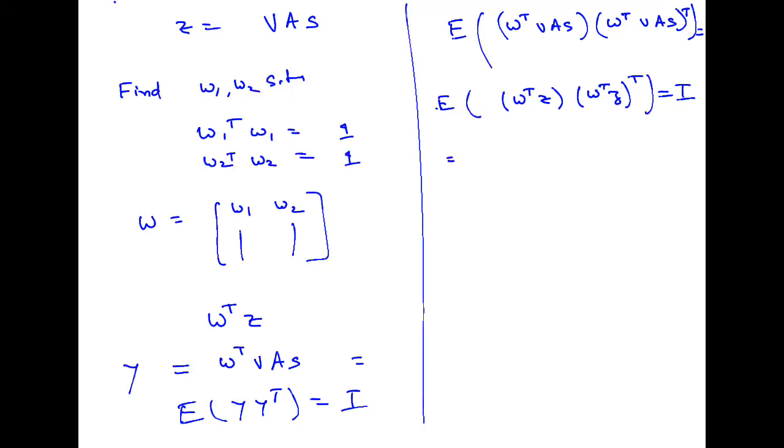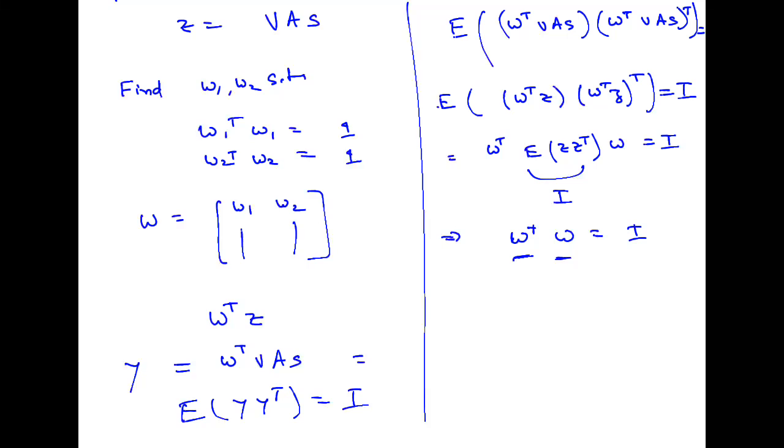So what does this mean? Z Z transpose expectation, W transpose W equal to I. I've already whitened, so this is I. This implies W transpose W equal to I. So W is also orthonormal. Okay. So these are equivalent, right? Either I can say that W are orthogonal, or I can say that the components that I've recovered are orthogonal. It amounts to the same thing.